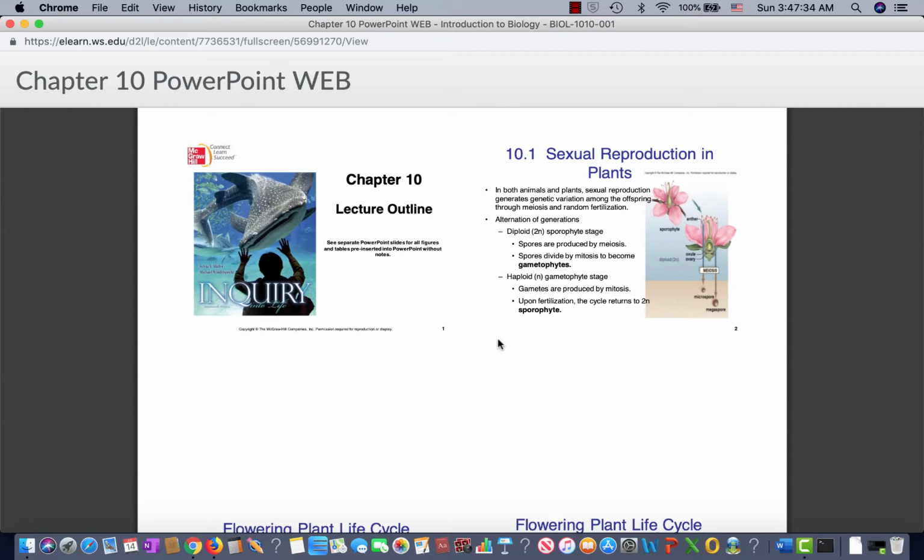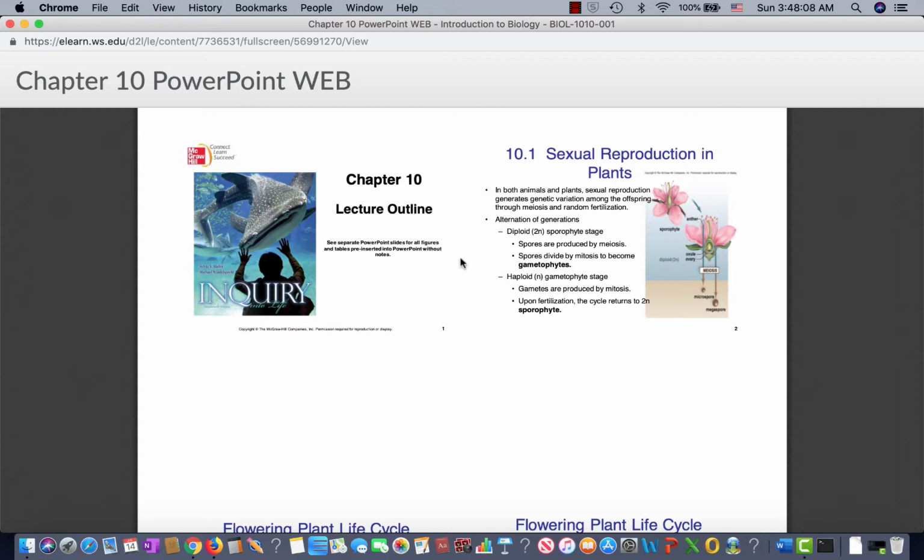So, sexual reproduction in plants. In both animals and plants, sexual reproduction generates genetic variation among the offspring through meiosis and random fertilization, which we already talked about. Meiosis, random crossing over and segregation and all of that in previous chapters, so that should be familiar to you. We have this alternation of generations, so diploid into sporophyte stage.